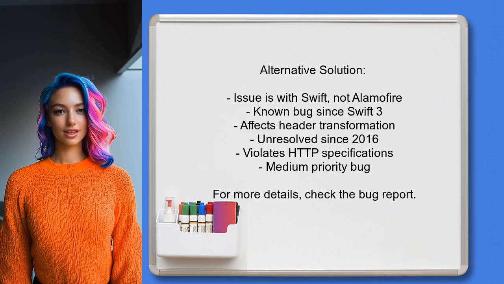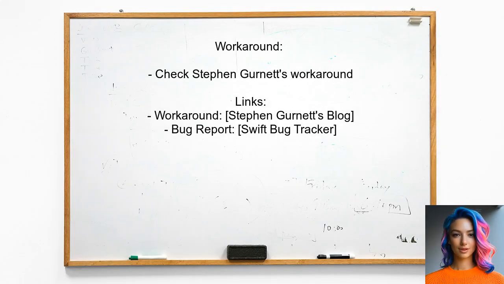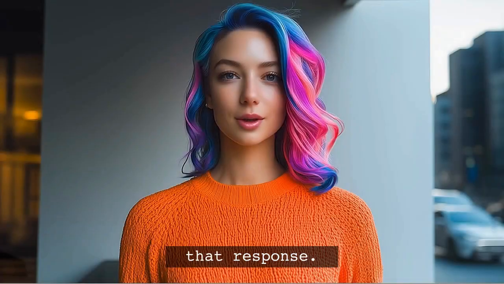They express frustration that this problem violates HTTP specifications and has been marked as medium priority, suggesting a lack of urgency in addressing it. Additionally, the user references a workaround created by Stephen Gurnett, which may help mitigate the issue. They provide links to both the workaround and the bug report for further exploration. That's all for that response.